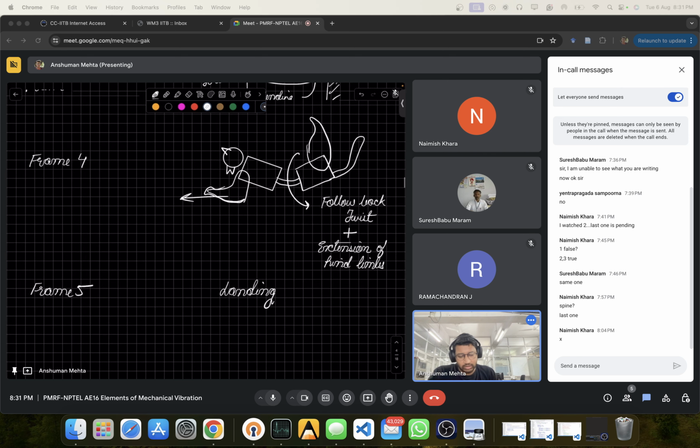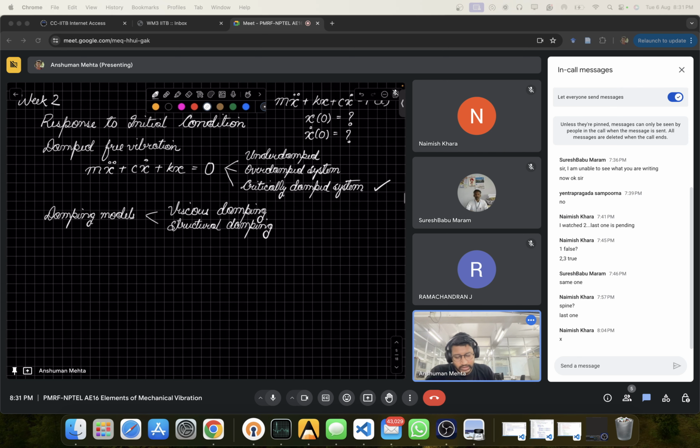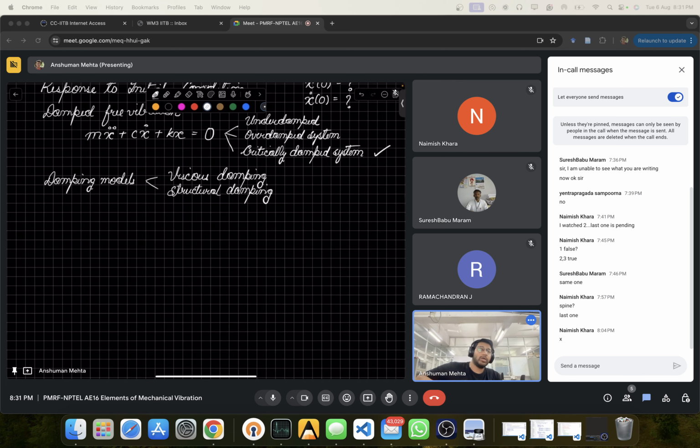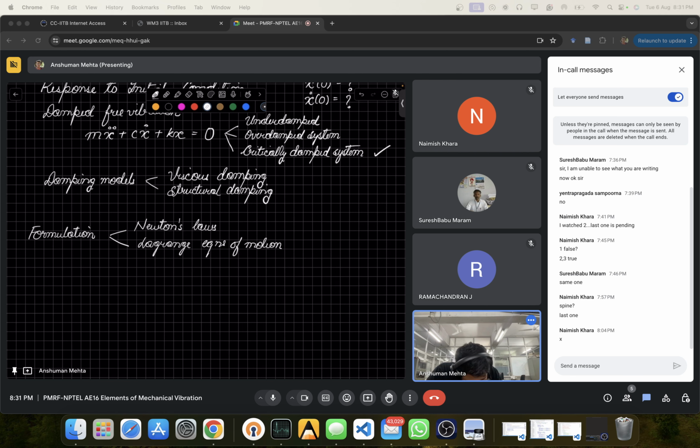Now there were three methods by which we can formulate the problem. Solution methodology is different, but for formulation of the problem, we have Newton's law, which we talked about in the first lecture itself. Then we have Lagrange's equation of motion, and third, we have Hamilton's principle.